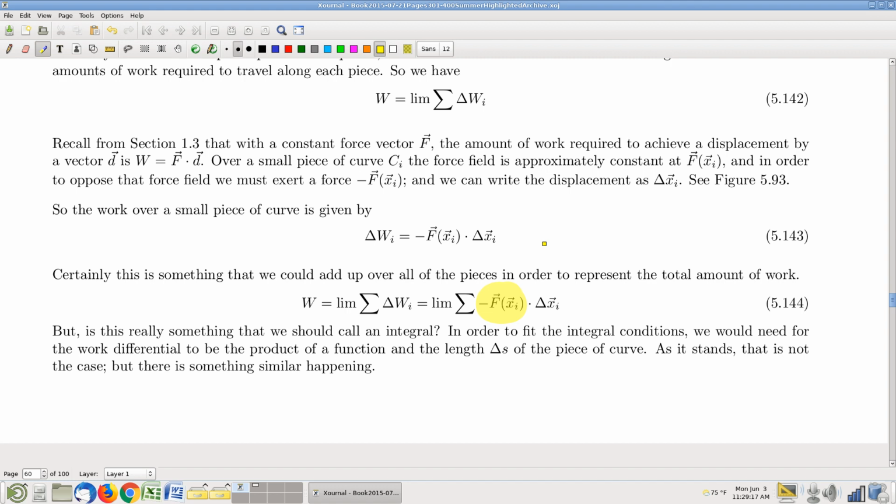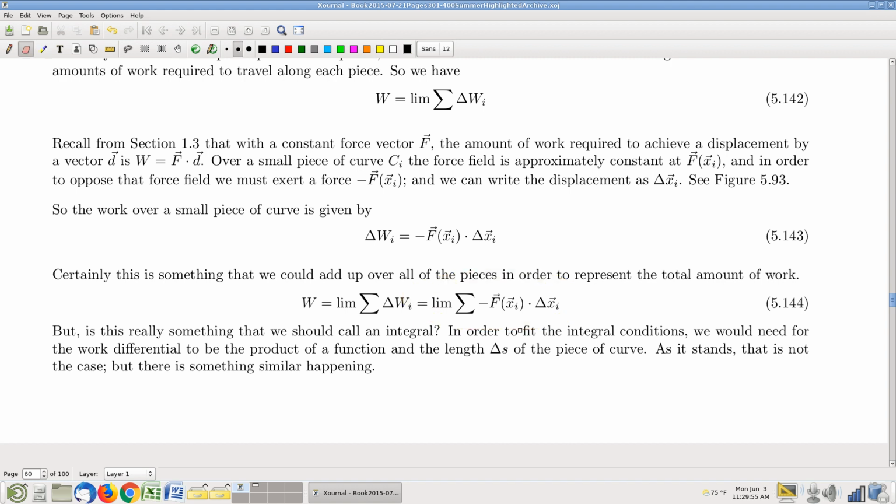And lastly, not only is this a vector, and this a vector, but notice that is a dot product, and dot products are not the same as just times. So there are several eyebrow raisers in that expression. Something a little different.